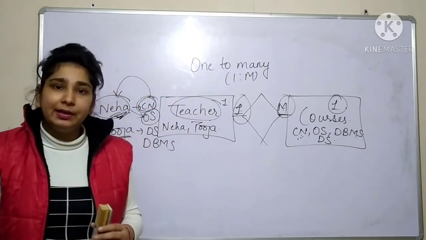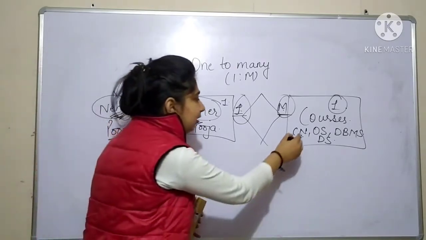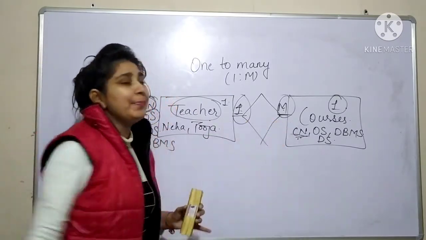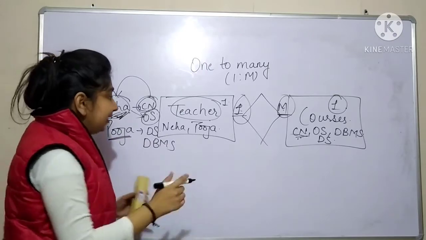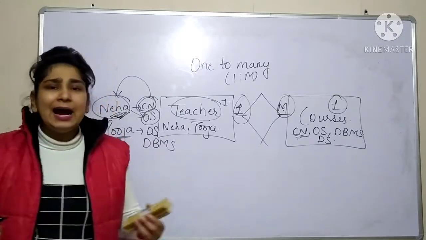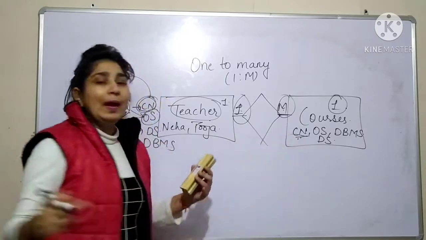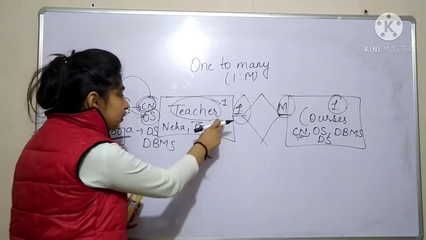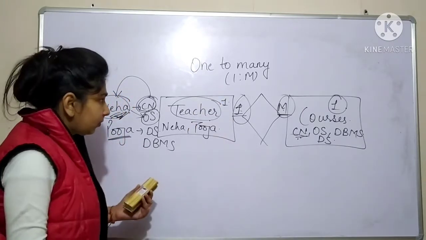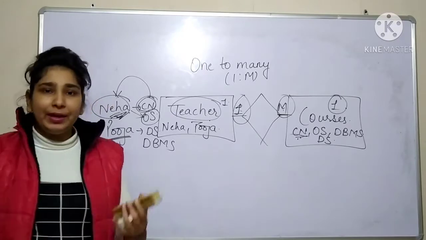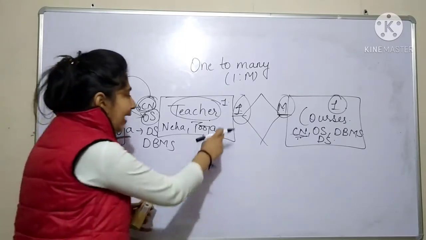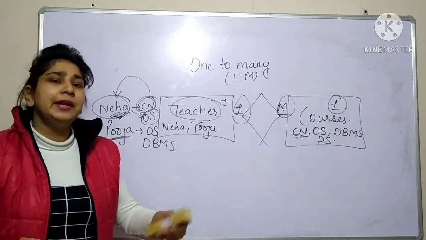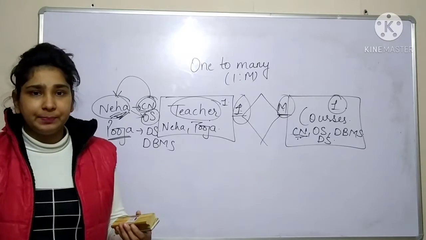Only Neha would be teaching the computer networking. So this is a one-to-many relationship. Now let's discuss what kind of entities we have, whether strong entities or weak entities. We need to know whether both the entities are independent or one entity is dependent on the other.